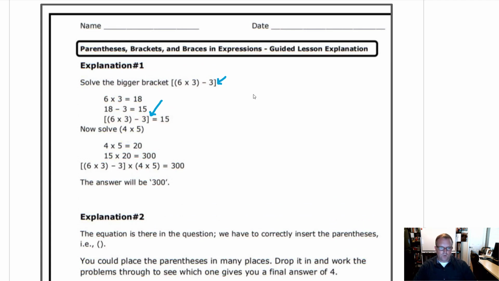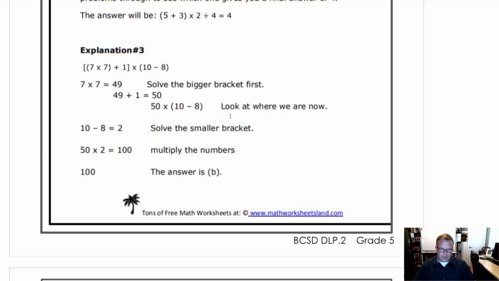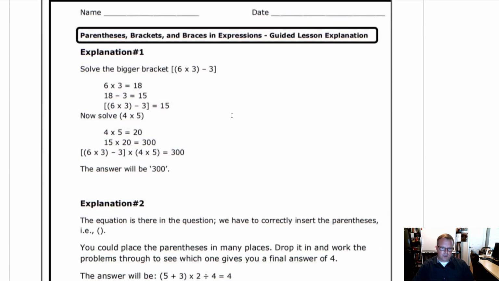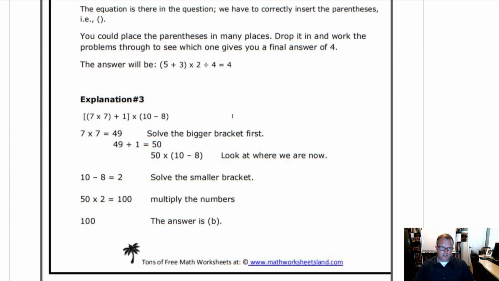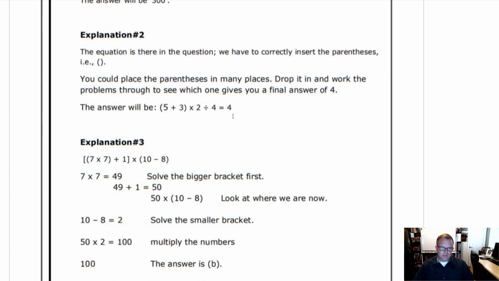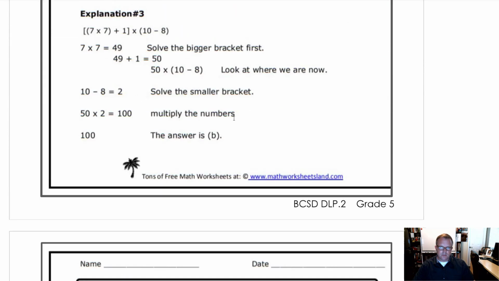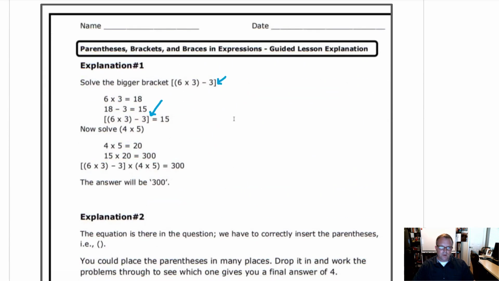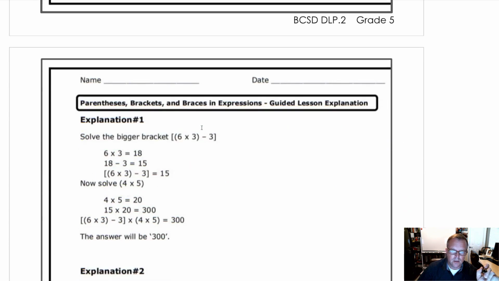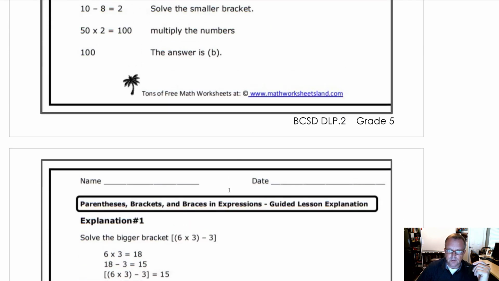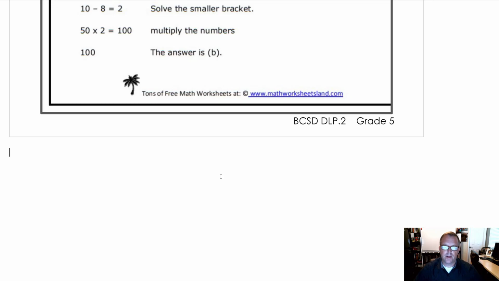Explanation 1. Why is this page in here twice? See if it's the same. It appears to be the same, right? These two pages look exactly the same. Explanation 1 is 6 times 3 equals 18. Yeah, these are the same. So let's take this page out.